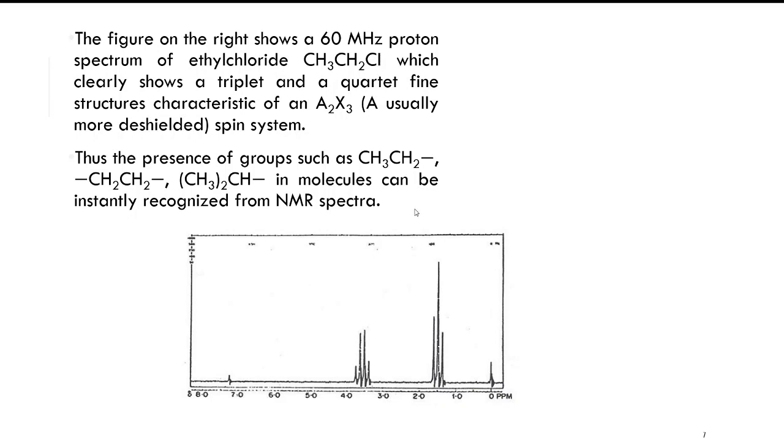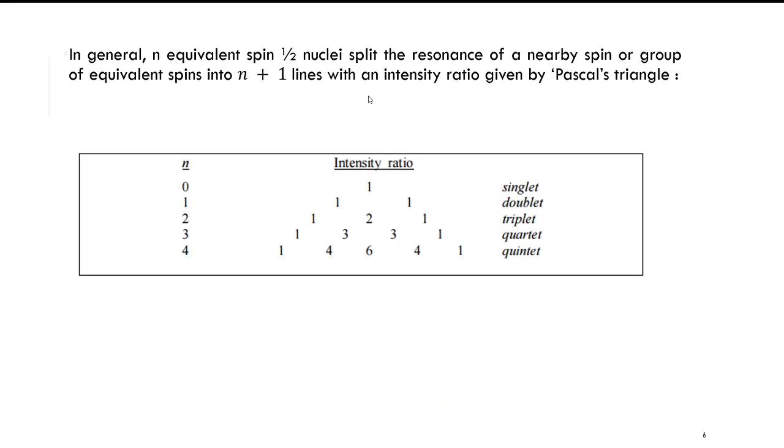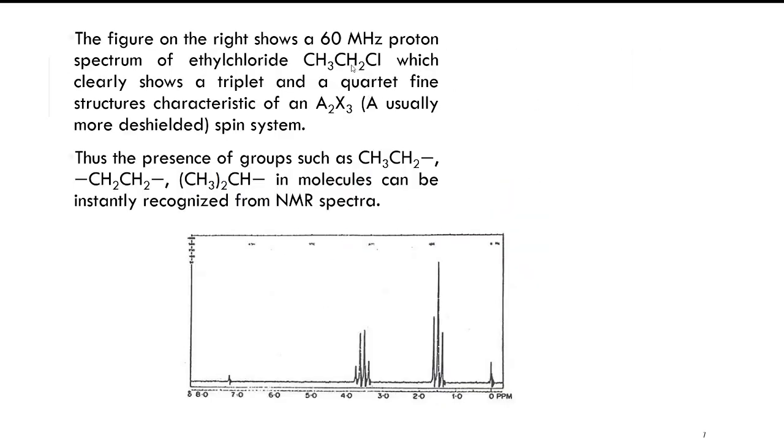Clearly this is the methyl group, the CH3 here. Because its neighbor is CH2, remember the n plus 1. The neighbor is the CH2, so 2 hydrogens, 2 plus 1 is 3, so you see the 3 peaks here.